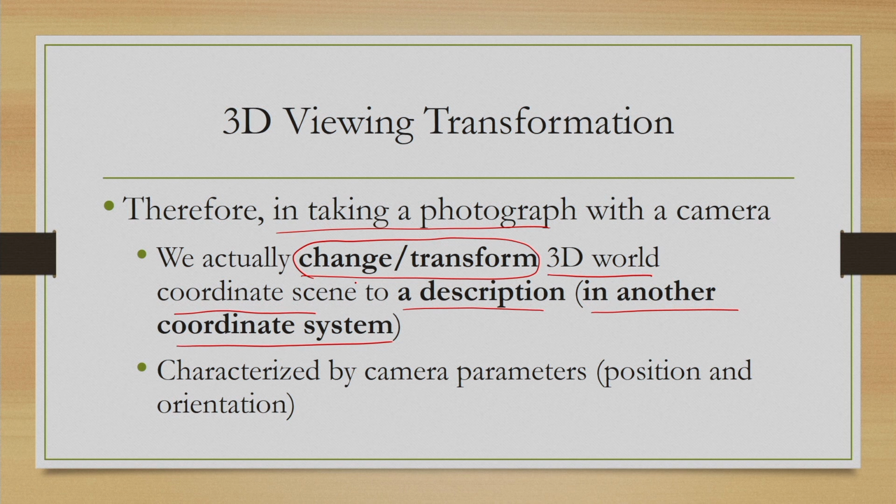So, when we are looking at a scene to set focus through the viewing mechanism provided in a camera, we are actually transforming the world coordinate scene to a different coordinate system, and this coordinate system is characterized by the camera parameters, namely the position and orientation of the camera. This needs to be carefully noted.